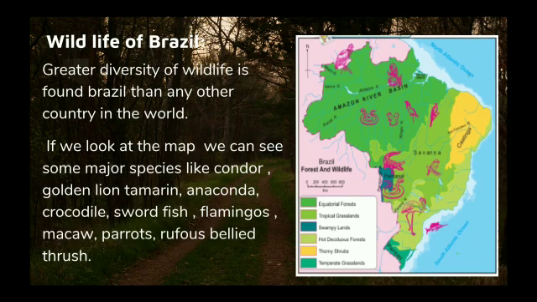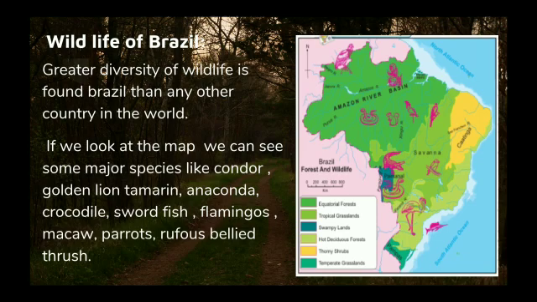That is condor, the golden lion tamarin, anaconda, crocodile, swordfish, flamingos, macaw, parrots, and rufous belly thrush. We can see the golden lion tamarin. Golden lion tamarin is the monkey which is orange in color.